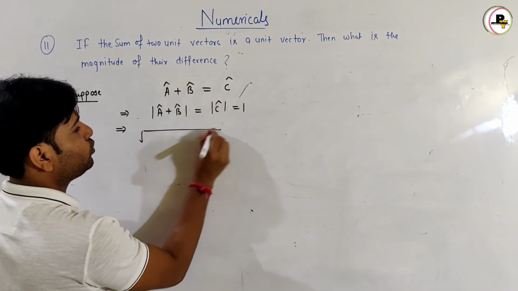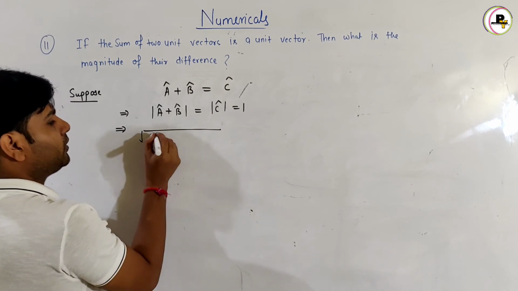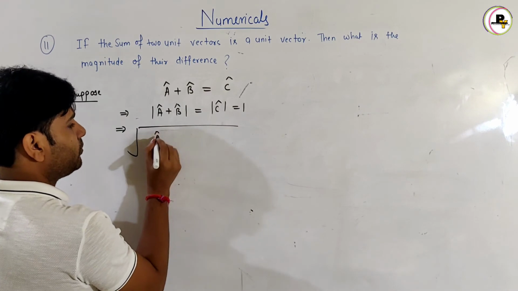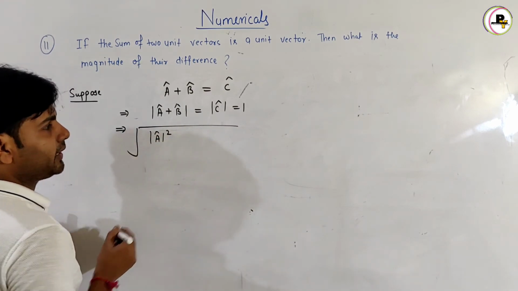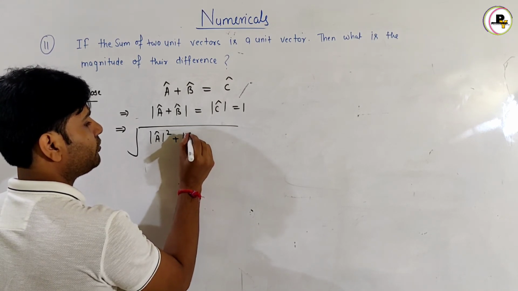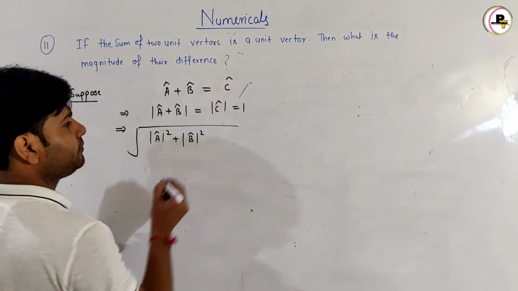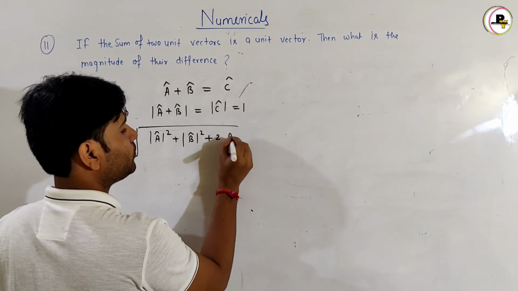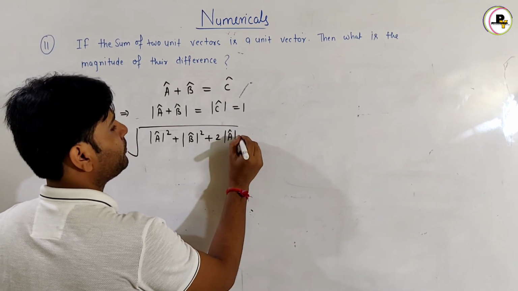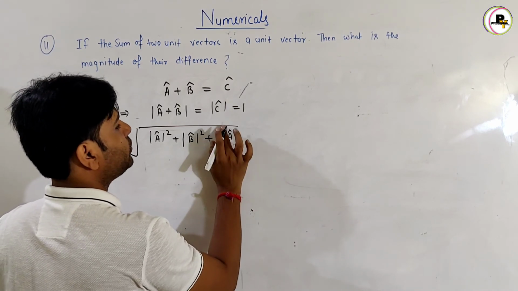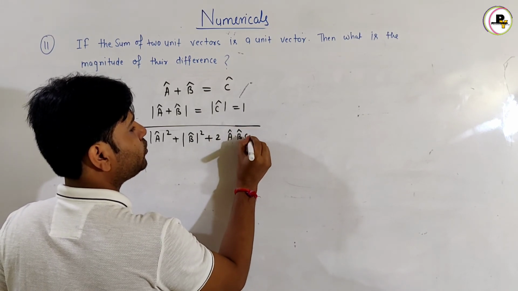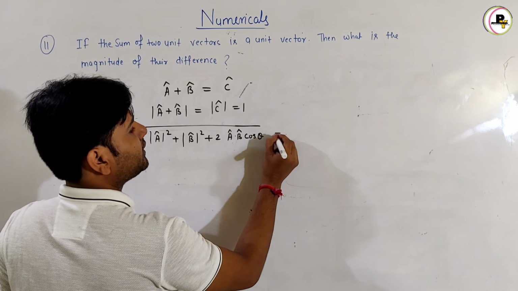It is square root of square of mod of A cap plus square of mod of B cap plus 2 A cap dot B cap into cos of theta, and this is equal to 1.